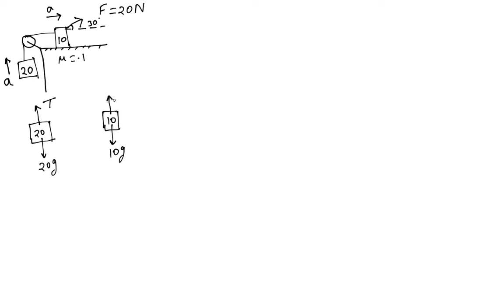There is a normal reaction acting upward, and there is also a force acting like this at an angle 30 degree, and this force is 20 newtons. Just to make sure we don't get confused between two ends.